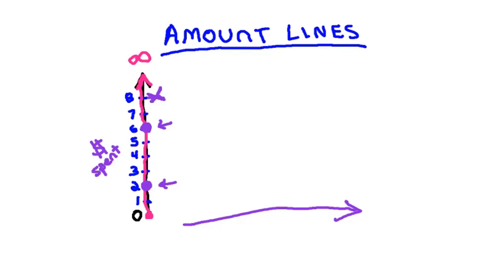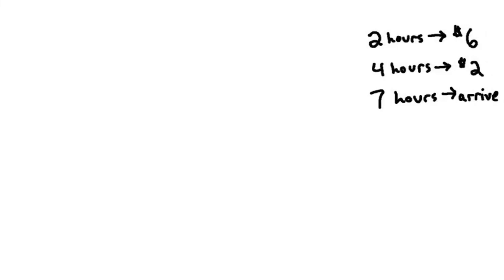So when you're graphing, we're able to put that time and the amount together so it tells us a story. So what if we could put these values together and tell some kind of story about it instead of just dots on a timeline going like this, and you got 2 hours here, 4 hours here, and 7 hours here, 2, 4, 7, or the amount that you spent going like here.